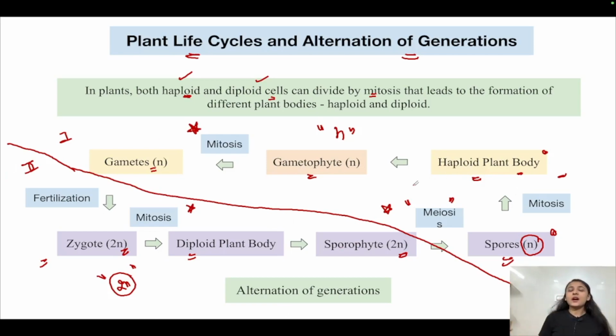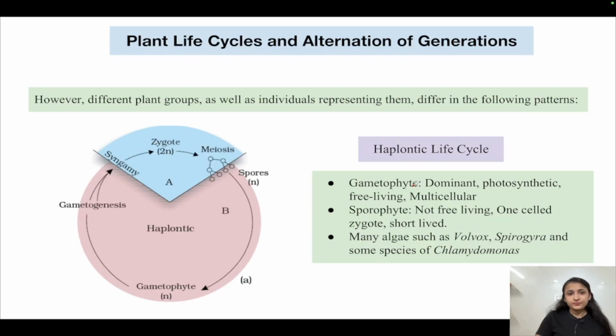So all of these plant groups that we have studied so far have shown this alternation of generation. This alternation of generation is seen in the life cycles of all plants. However, in different plant groups as well as the members present in them, there are certain variations.